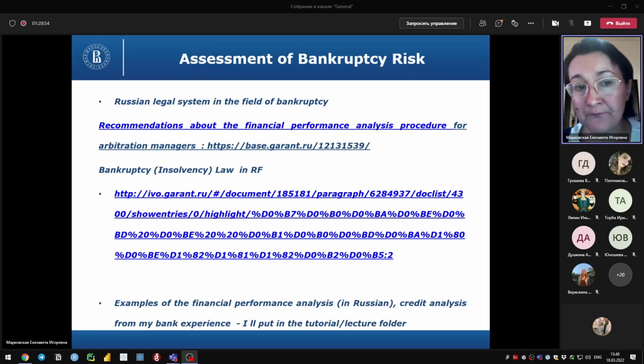It is the link to the recommendations about the financial performance analysis procedure for arbitration managers. It's from our Russian legal system, our legislation. Then you can see on this slide the link to the bankruptcy law of the Russian Federation. So it's our bankruptcy insolvency law.